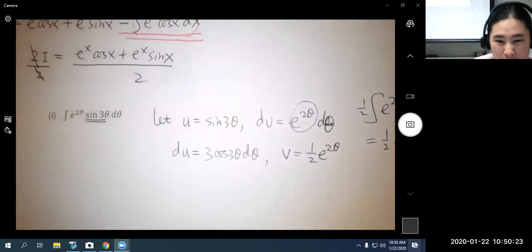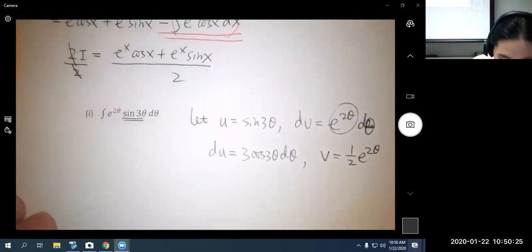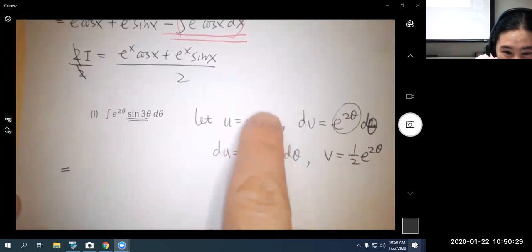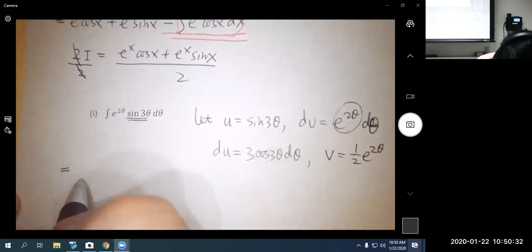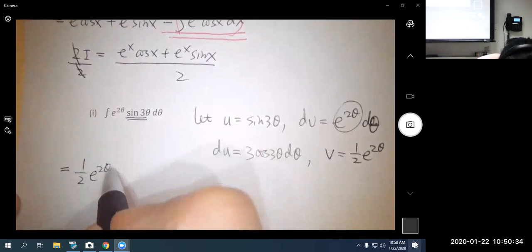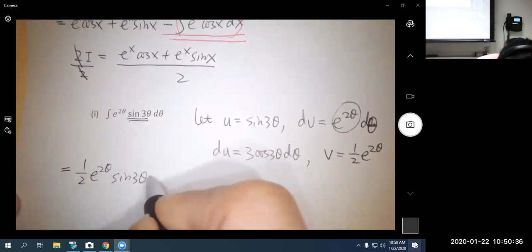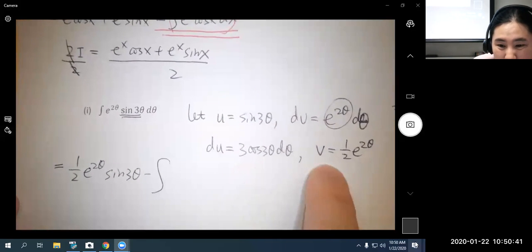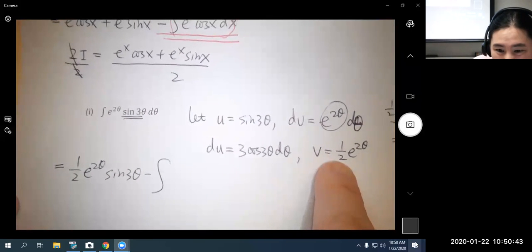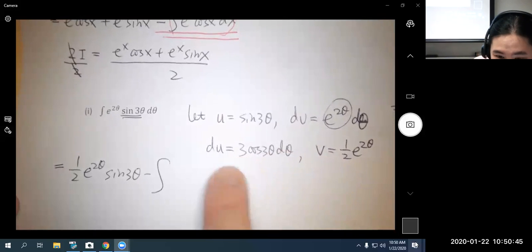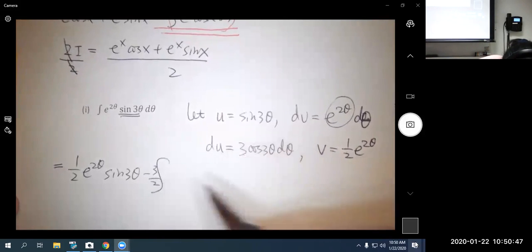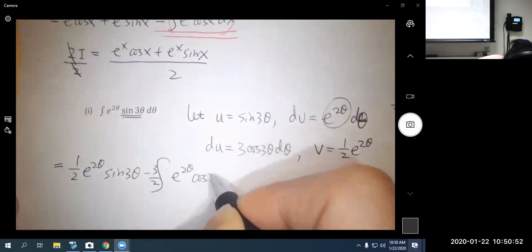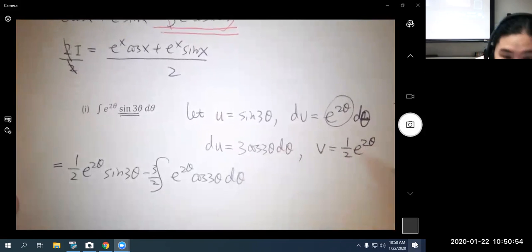Now we're going to use integration by parts. U times v, I would say 1/2 e to the 2 theta sin of 3 theta, minus the integral of v times du, 1/2 times 3, which is 3/2, e to the 2 theta cosine of 3 theta d theta.